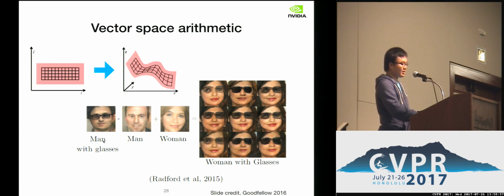By subtracting the latent code z of a man without glasses from that of a man with glasses, and adding woman, you can find a latent code z that generates a woman with glasses. So it allows us to do arithmetic operations in the latent space to generate the content of interest.